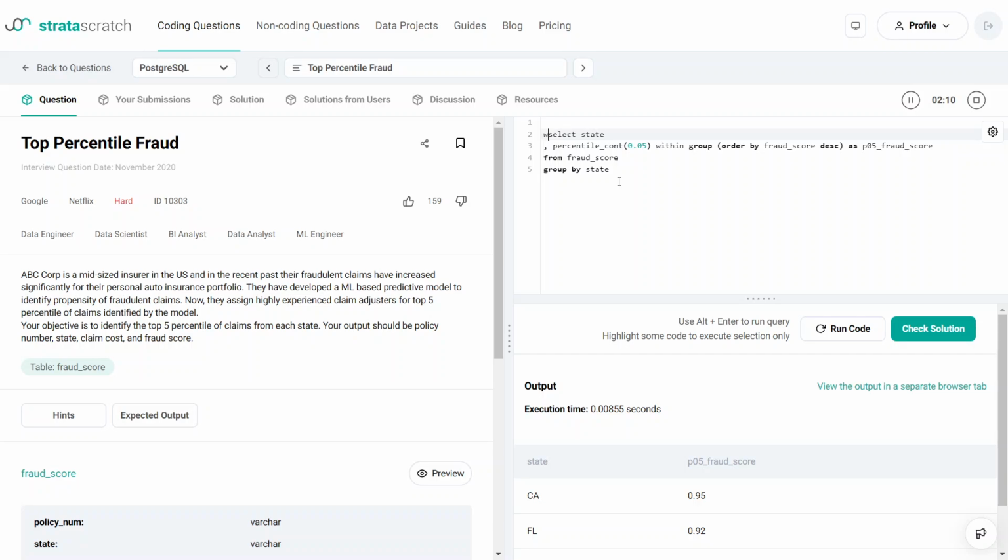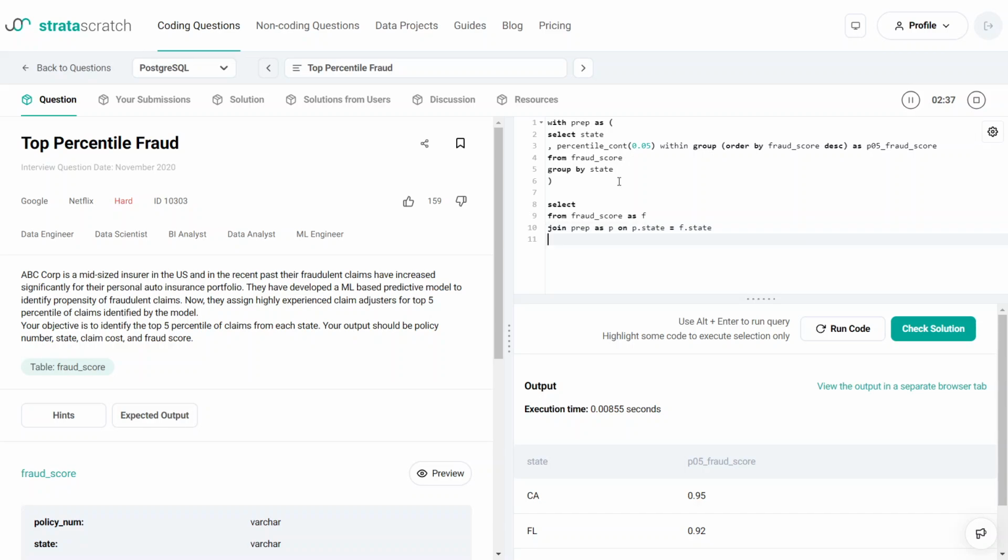So I'll just make this into a CTE, call it prep, and then again, we'll be selecting from fraud score, and we'll join prep. I'll talk about why in a second, and I'll alias the table names just to make it a little bit shorter. We'll inner join them by state.